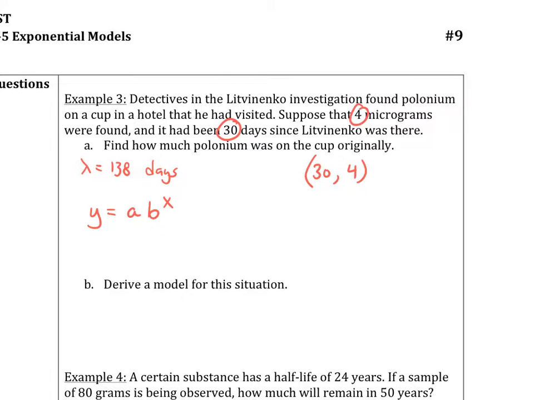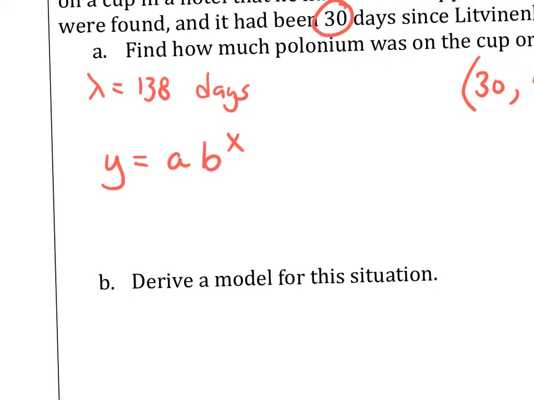So here's our parent function. This is the exponential function, y equals ab to the x power. We know that the half-life is 138 days, which means whatever a is, since we don't know what a is, it's going to be cut in half in 138 days.